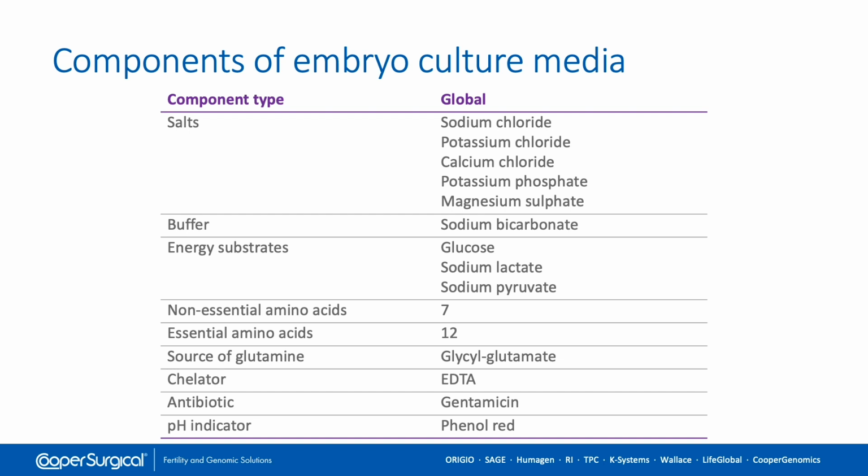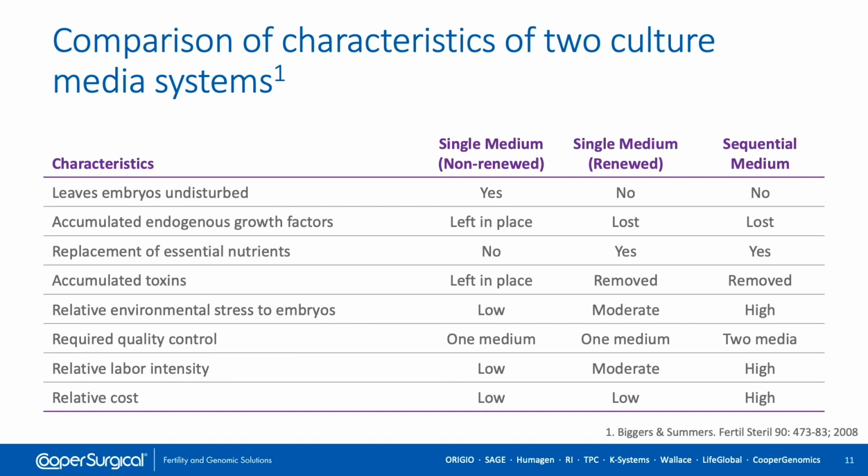They're not the only ingredients, and the concentrations, etc., that I mentioned earlier are different in every formulation that's commercially available in media. If we look at two culture systems that generally are available, so those of single-step media, where a single media is used throughout the embryo's development, or sequential media, where the media is in two forms generally, a cleavage media and a blastocyst media.